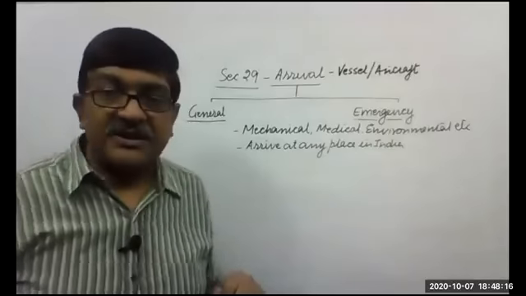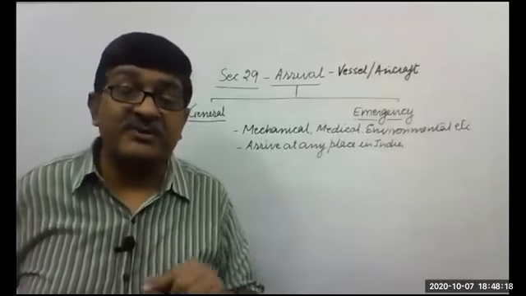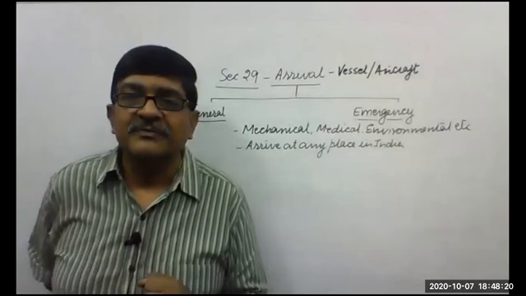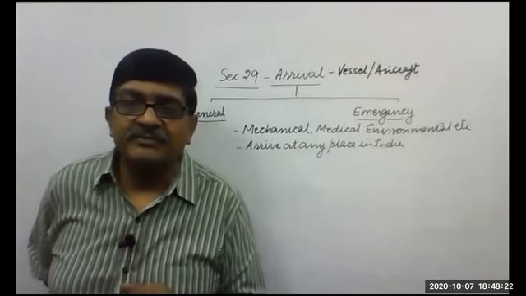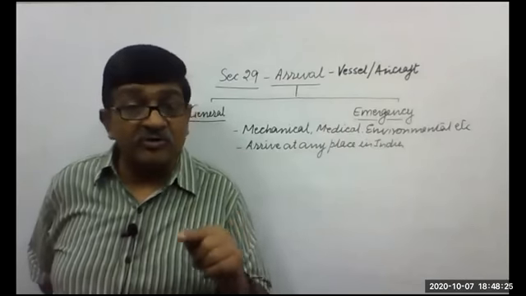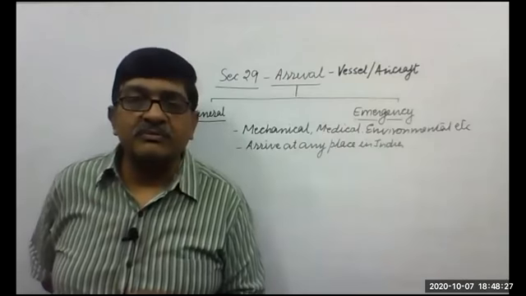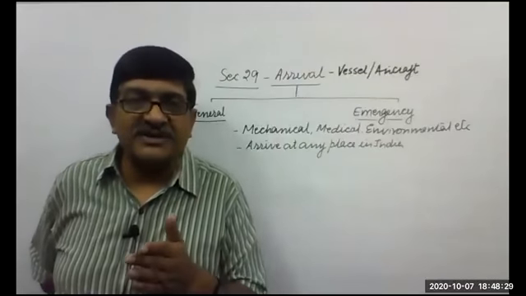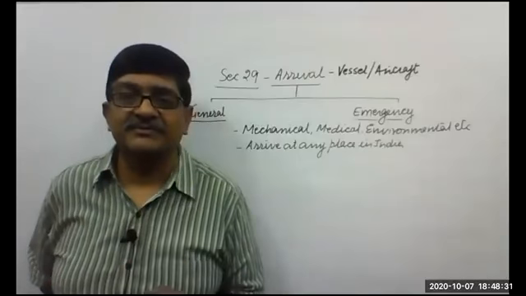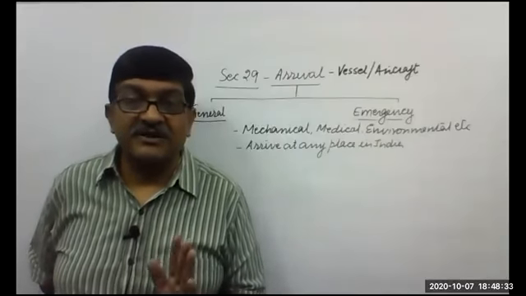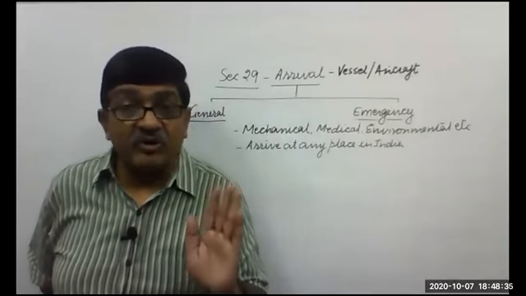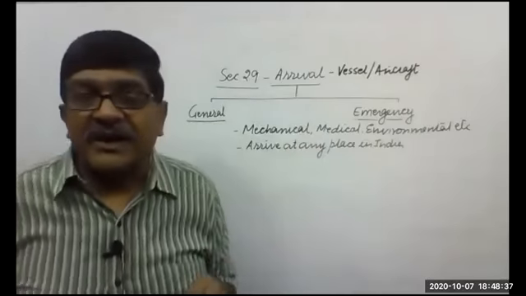If there is an emergency and if still the provisions are the same, it is going to be a problem. Say the vessel is on fire and you put a condition, no, you arrive only at a custom port. By the time it reaches the custom port, the vessel may not be there. Isn't it? So that's why that condition is not there. So arrive at any place in India.